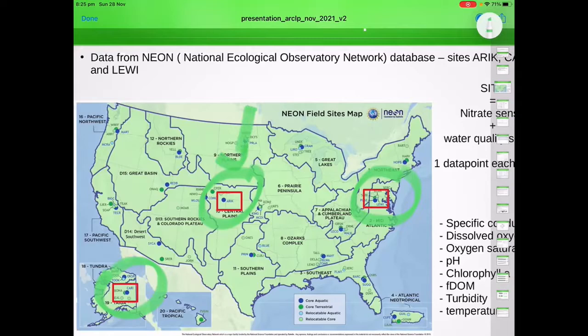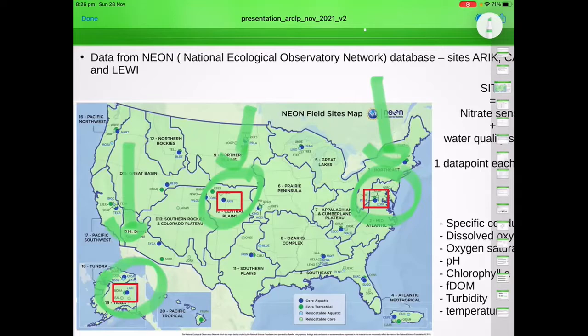Northeastern Colorado has hot summers and cold winters. We have Lewis Run, which is approximately 60 miles west of Washington DC, so the climate is temperate and humid. And the last site we consider is Caribou, which is in Alaska, and the average temperature is around -3 degrees.